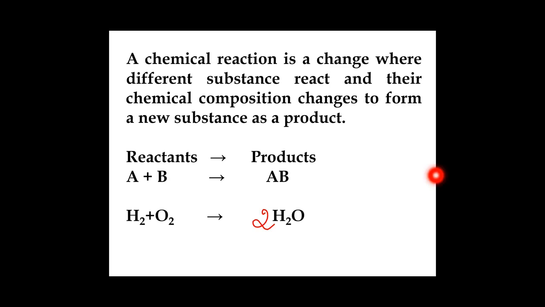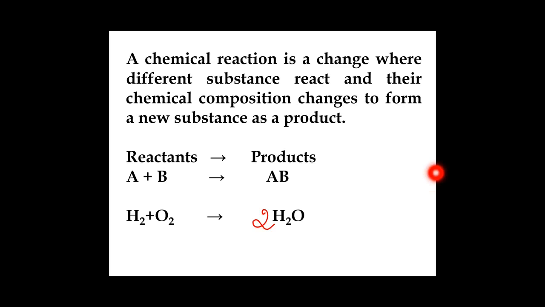Example, this is the formation of a water molecule. Hydrogen and oxygen react. They form a water molecule. Hydrogen and oxygen, which are involved in this chemical reaction, are known as reactants. The water molecule which is formed as a result of this chemical reaction is known as the product.